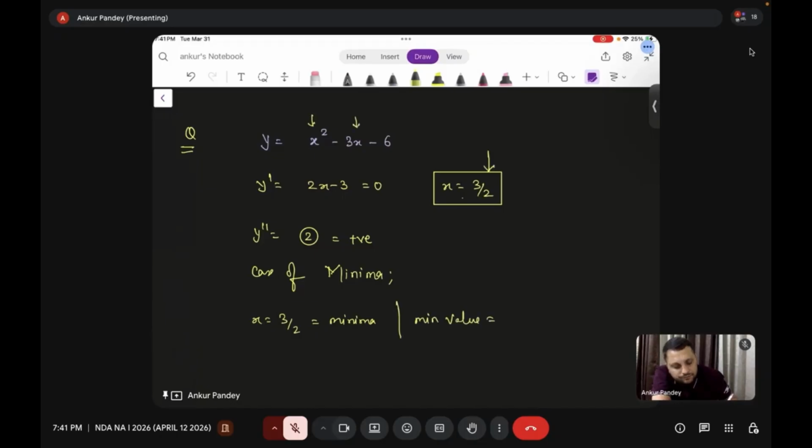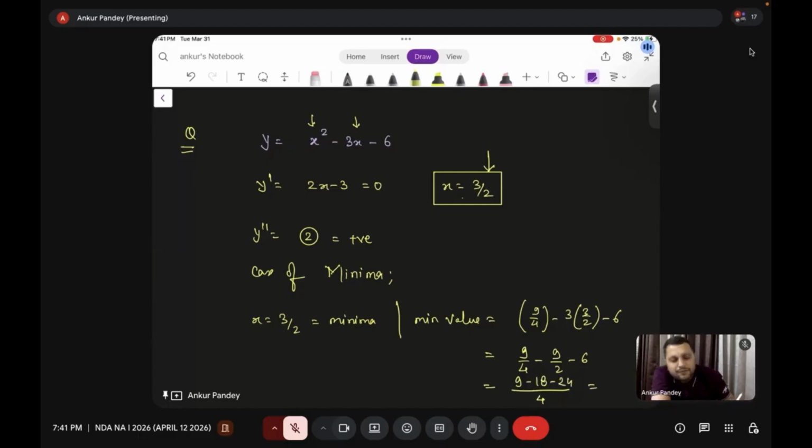Yes or no? 9 by 4 minus 3 into 3 by 2 minus 6 comes out to be 9 by 4 minus 9 by 2 minus 6. 4 is in the denominator. Clear? 9 minus 18 minus 24.